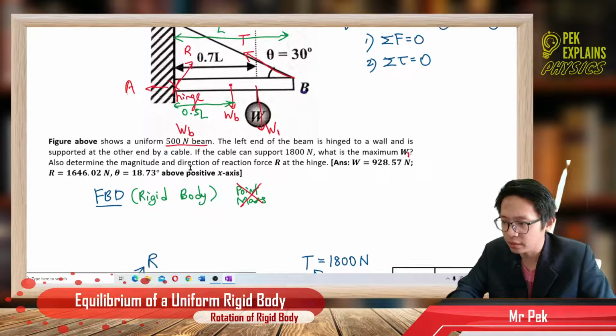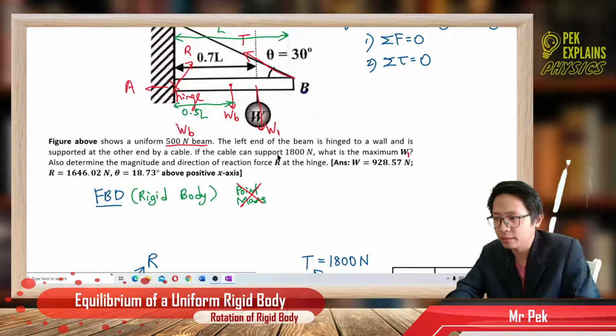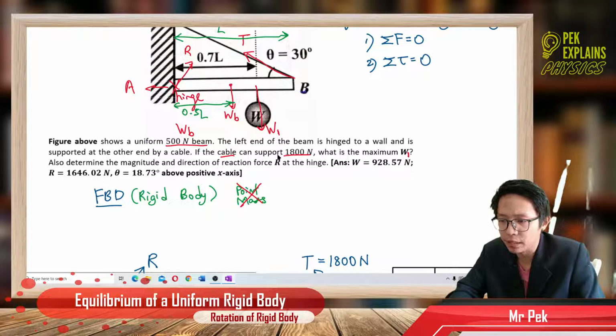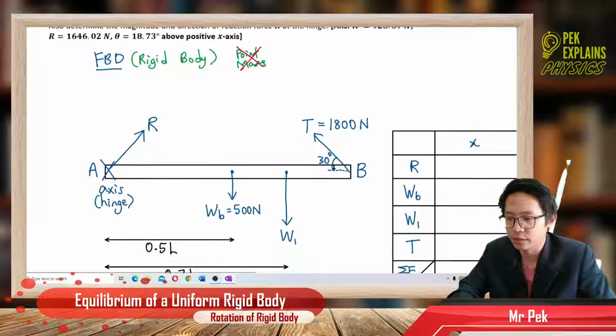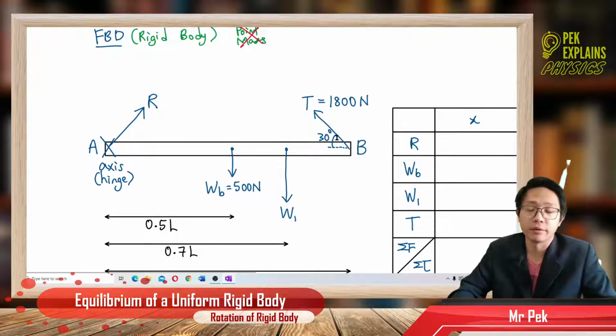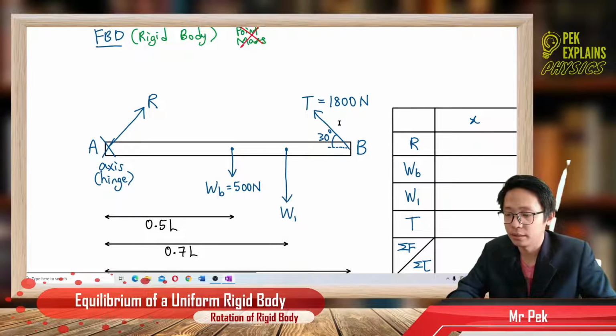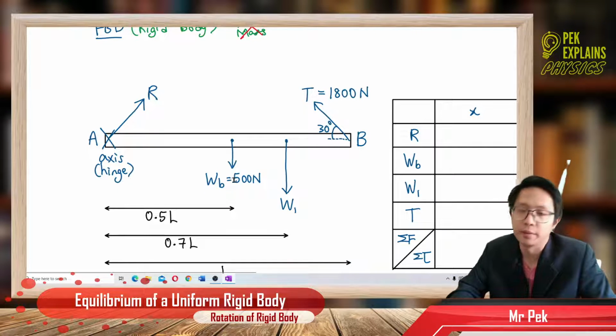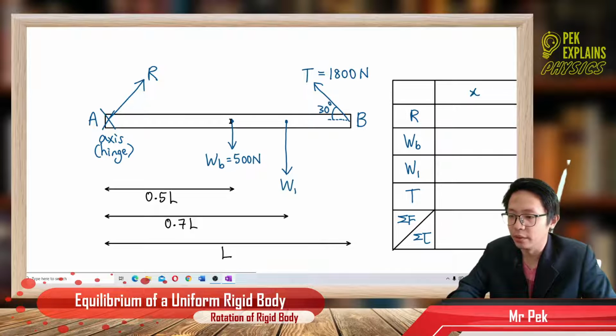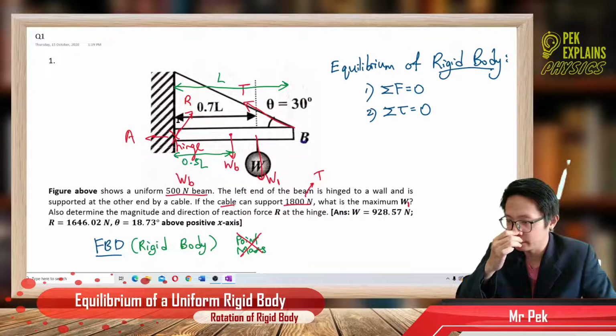Given the tension, you see, the cable can support 1800 Newton, so the tension is 1800 Newton. The angle is 30 degrees with the rod. The weight of the beam is 500 Newton. And this is the distance. The weight of the beam is normally at the center. The whole length is L, so at the center it is 0.5 L. And just now the weight W1 is at 0.7 L, which is given already.